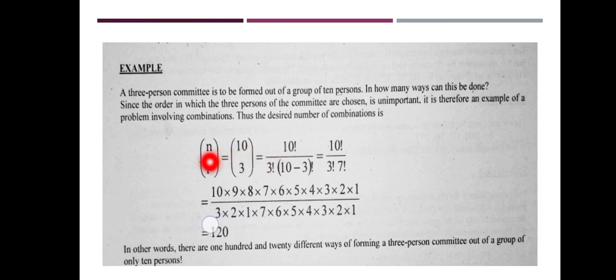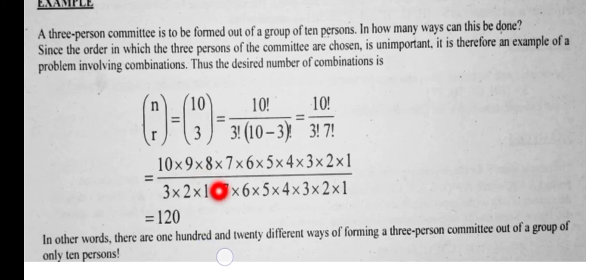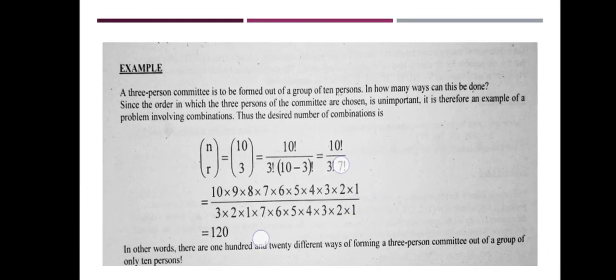So by using the combinations formula, 10C3 is equal to 10 factorial divided by 3 factorial multiplied by 10 minus 3 factorial. 10 factorial divided by 3 factorial multiplied by 7 factorial, and by calculating it we have the answer 120. So in other words, there are 120 different ways of forming a 3-person committee out of a group of only 10 persons.